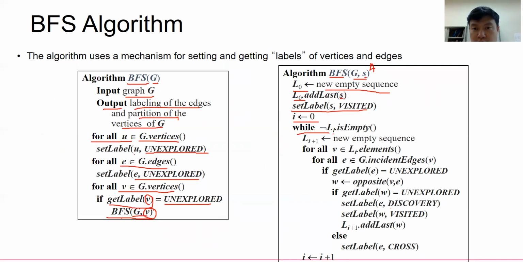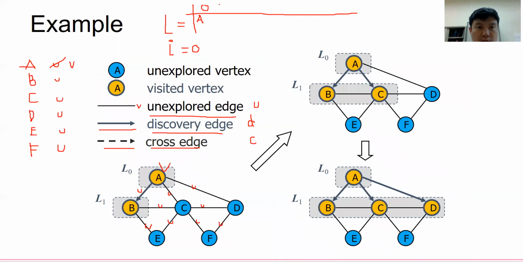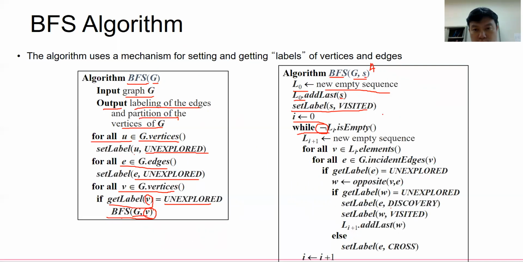Because I is 0, Li is not empty. Then you will do the Li plus 1. It is a new empty sequence. Li plus 1, 0 plus 1, it means 1. And you want to put this as an empty sequence. Okay, no problem. I just have the L1.